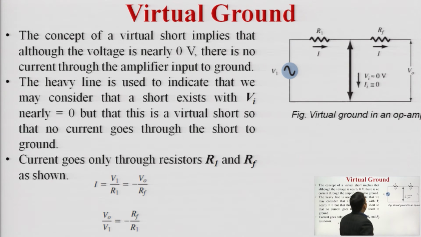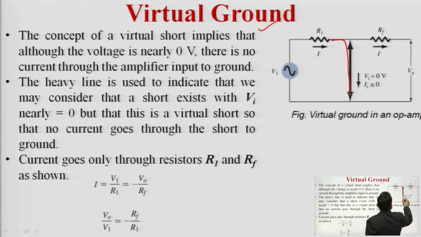Now we have a very famous term related to the op amp, which is called a virtual ground. The concept of virtual short implies that although the voltage is nearly equal to 0, there is no current through the amplifier input to the ground, means there will be no current flowing between the input terminals of the op amp, whatever we have, the inverting and non-inverting.